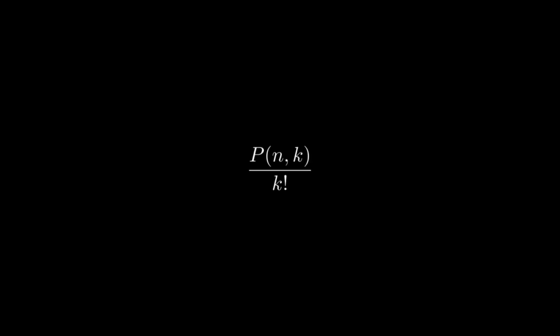We can do this in general to select any committee of k people from a group of n. By using the same logic as the previous problem, we can get the total number of arrangements as P of n, k divided by k factorial.